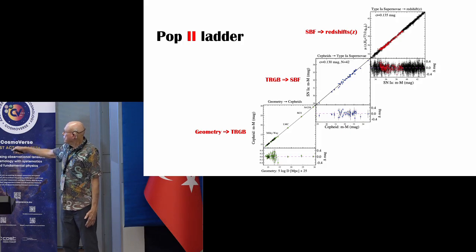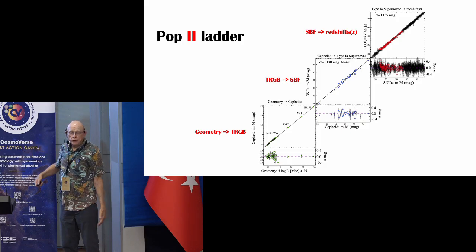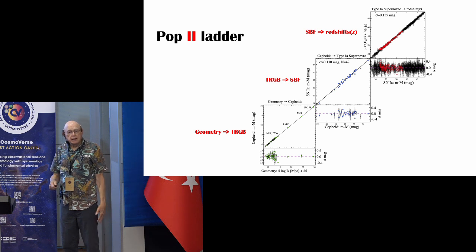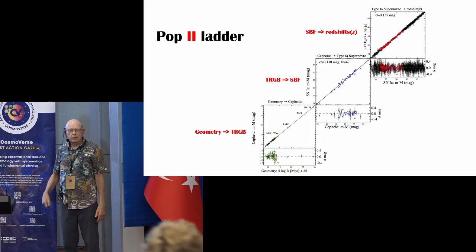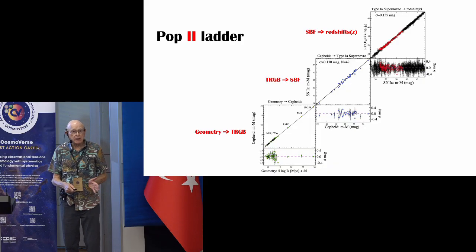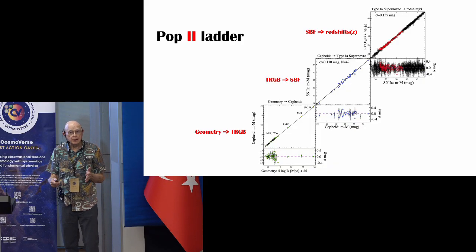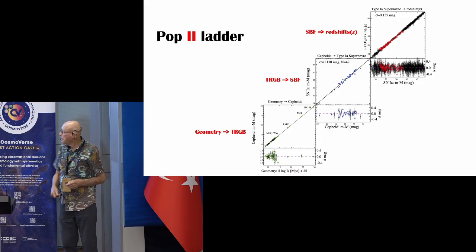So we're using only old stars to get the distances. At the top end, it's going to be looking at surface brightness fluctuations in old galaxy populations. And we get the distances to that methodology from the tip of the red giant branch, a methodology that involves old stars.